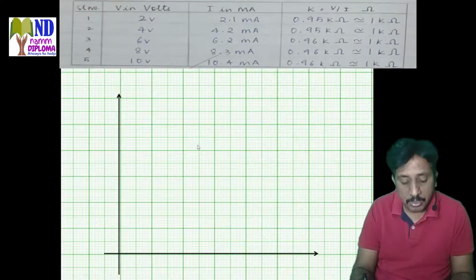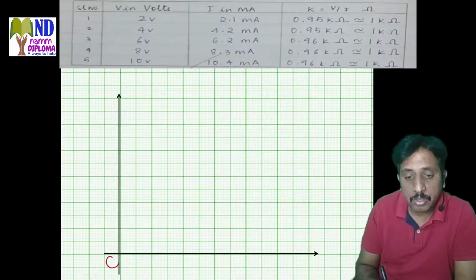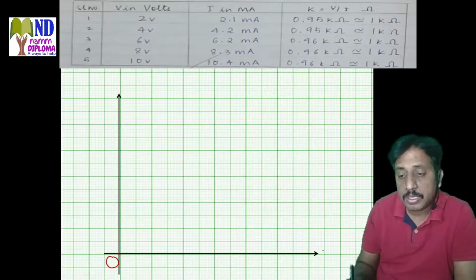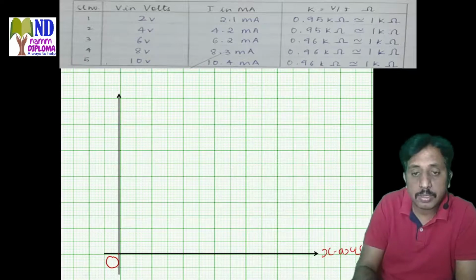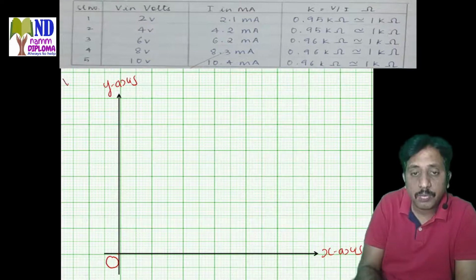You can see here the basic assumptions I have made already. The origin, x-axis and y-axis are already present. So I'm plotting the origin O. This is the x-axis, and this is the y-axis. The x-axis is for V versus I. So this is x and this is y.